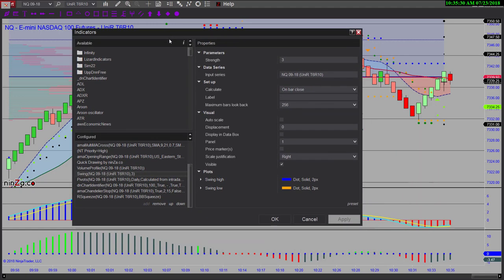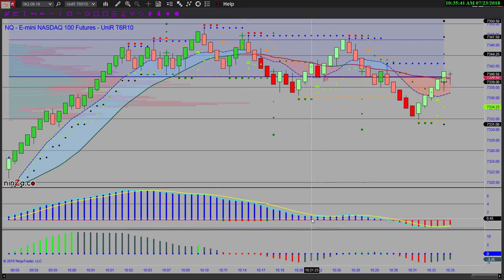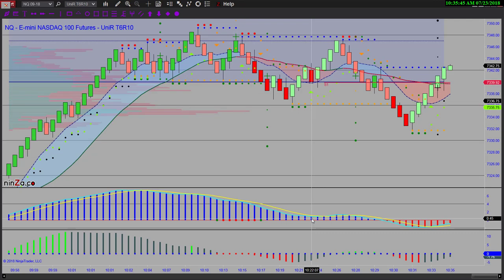And I have a strength of 3. You can't see what I've got here, but okay. Trying to describe to you what I see. So go to indicators and look down under swing and see if you see that. If not, I should be able to send you something, allow you to get that.